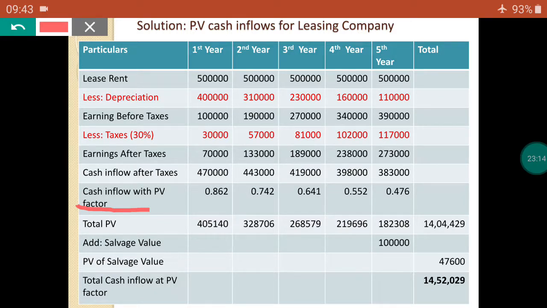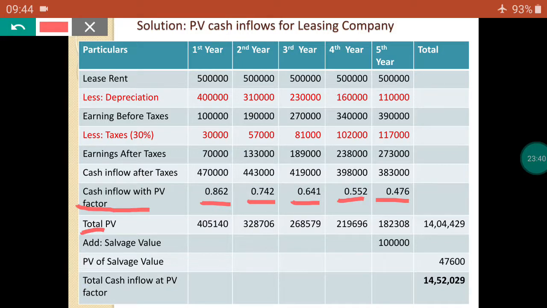Okay, now first year 0.862, second year 0.742, third year 0.641, fourth year 0.552, and fifth year 0.476. After that, we calculate the total PV, present value.